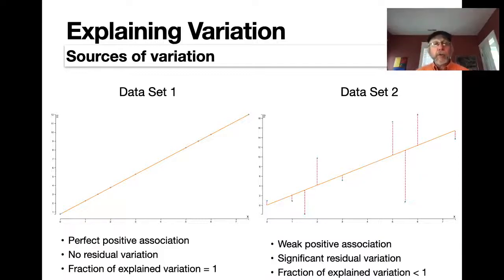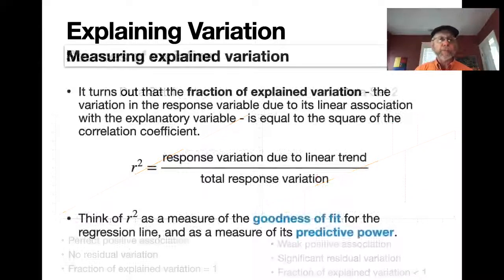Whereas for data set 2, the fraction of explained variation is going to be less than 1. Some of the variation in y is due to the data tracking the trend line, but not all of it. There's more variation in data set 2, and that's because we have residual variation. The data do not adhere perfectly to the trend line.